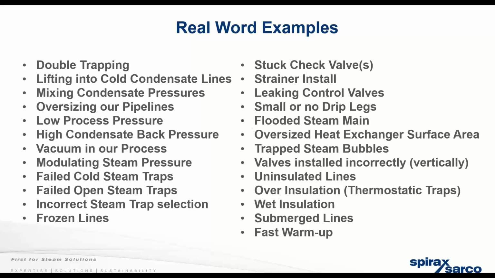So there's a lot of things that go into causing water hammer. It's not just one thing. So again, if we go back to the basics and look at where the water is, how it's going, how we're mixing that water, maybe we can solve some of these problems one at a time.